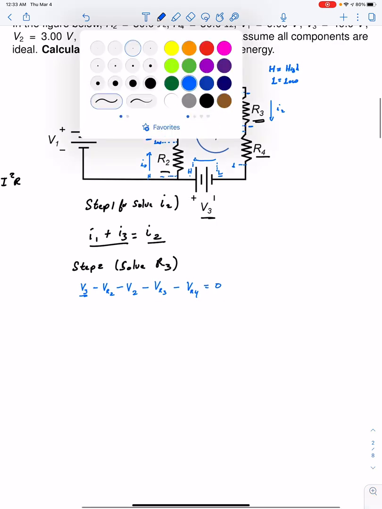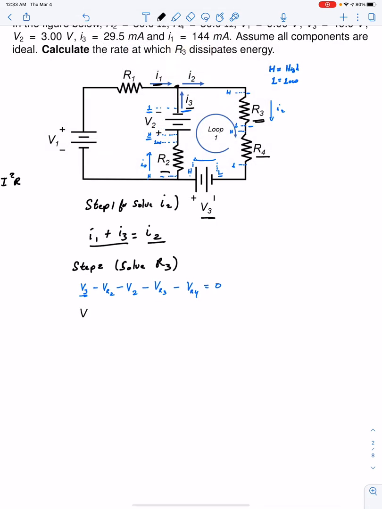So now what we have to do is make our substitutions. The voltage across resistor 2: the current passing through that section is I3, so that is I3 times R2, minus V2, minus the voltage across resistor 3, so that is I2 times R3.